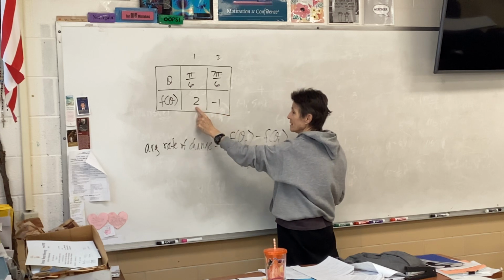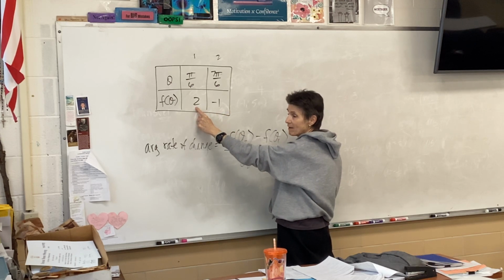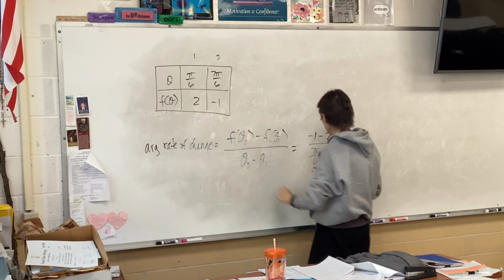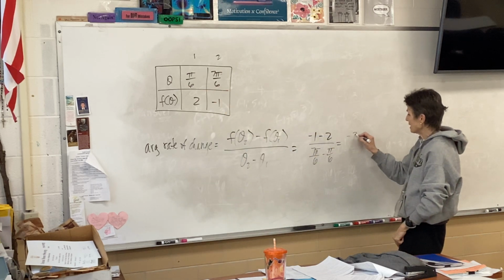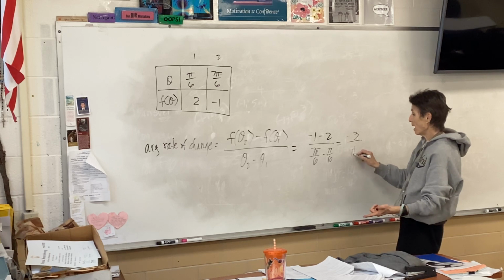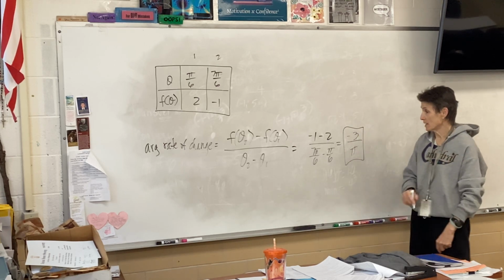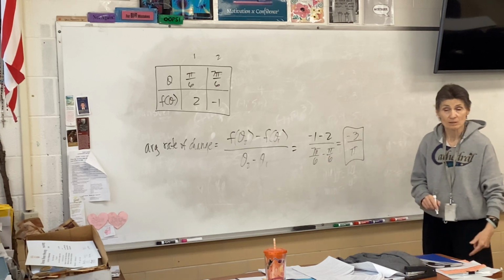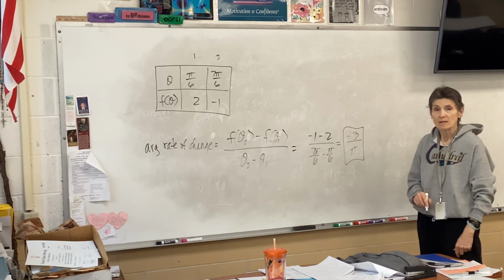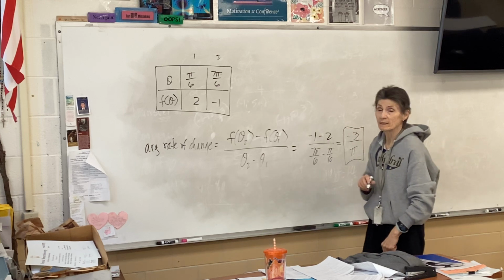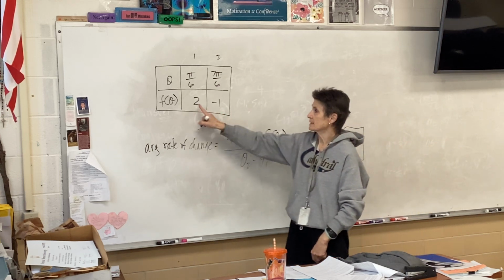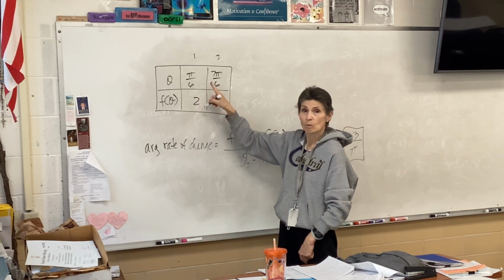So negative 1 minus 2, those are my f values, my function, my r's, minus 7 pi over 6 minus pi over 6. So that's going to be negative 3 over pi, and that is my average rate of change. Okay? Now, let's take one of our points. Doesn't matter which one. I'll just use this one.